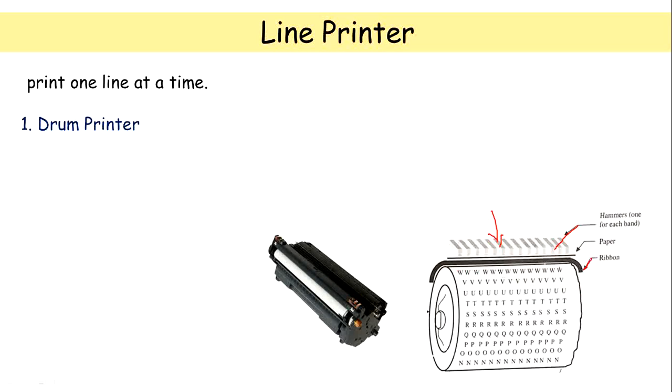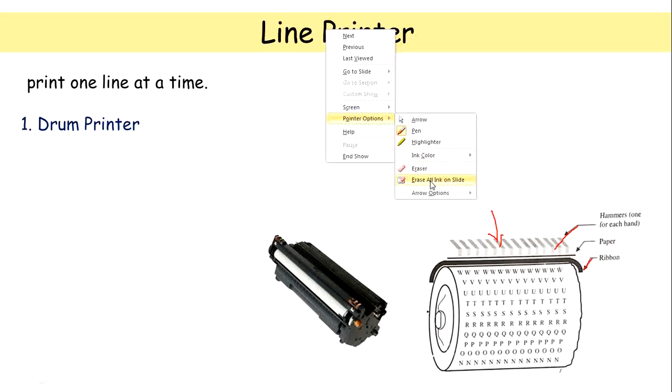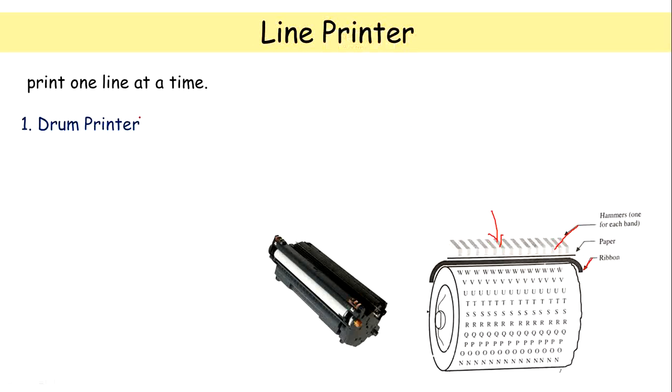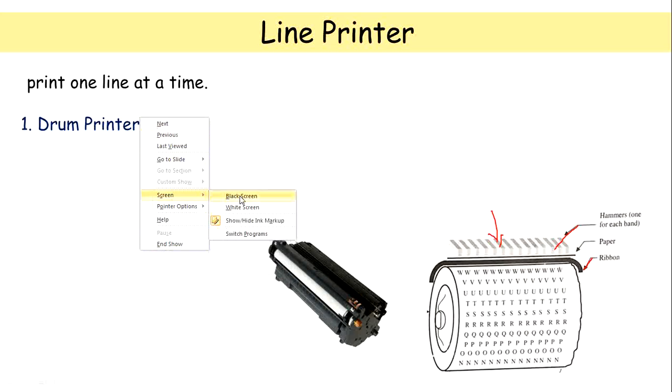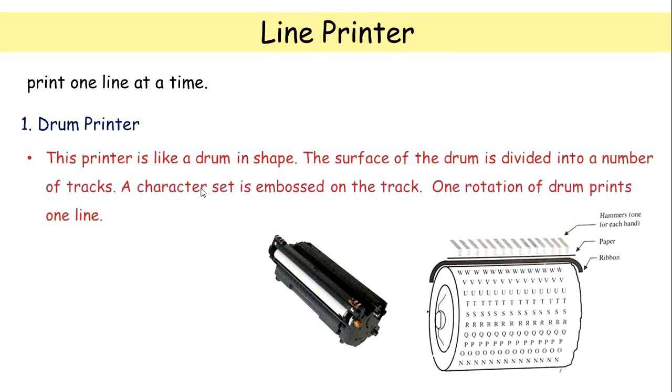This is a ribbon. So by this, the printer is like a drum in shape.